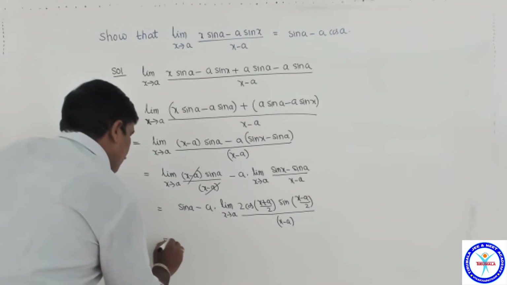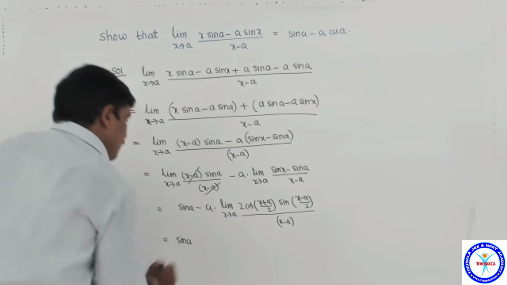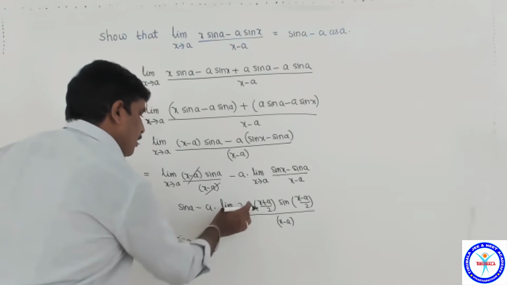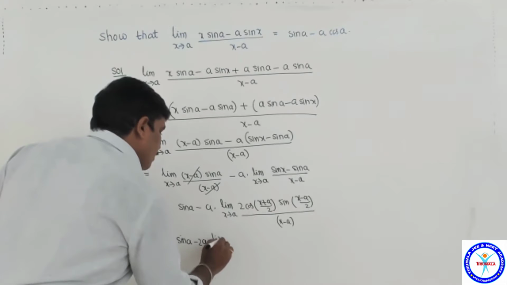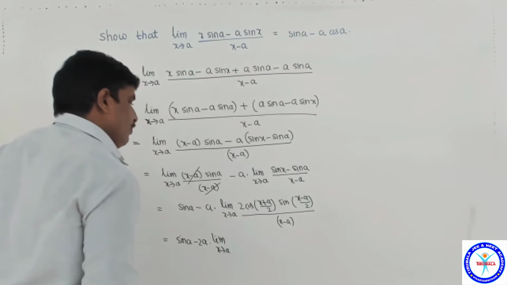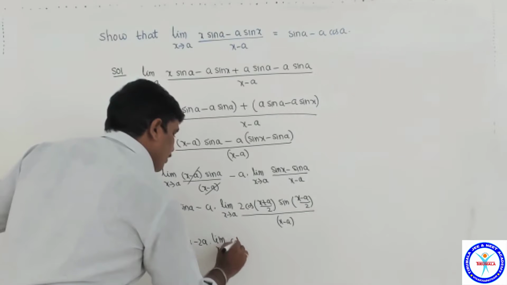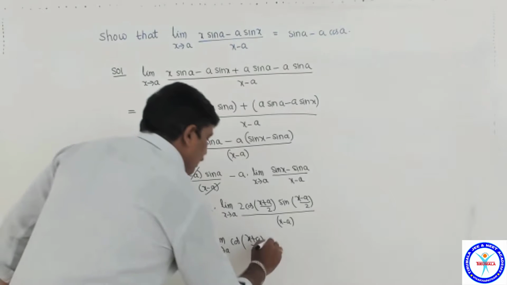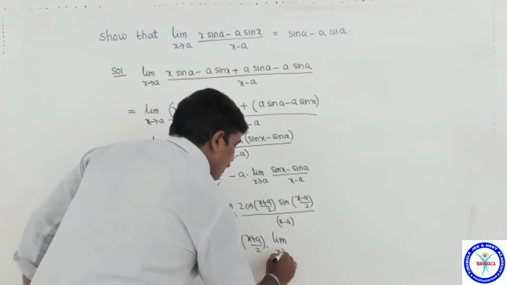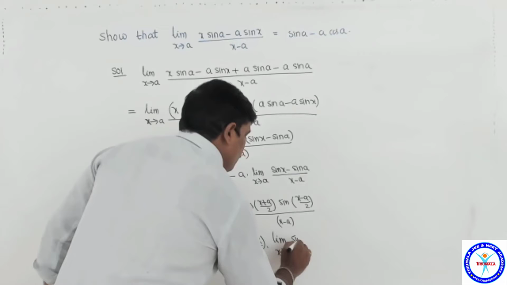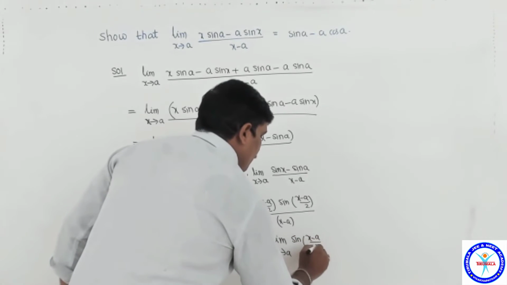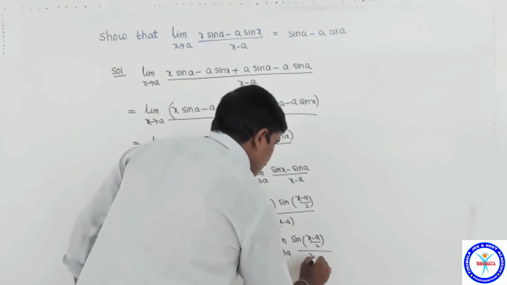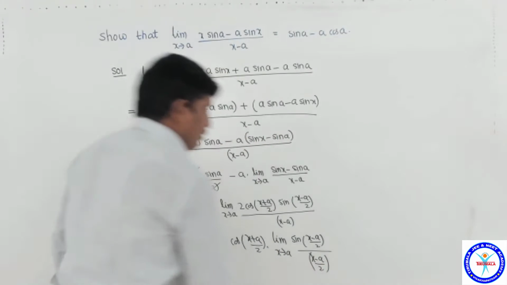So this is equal to sin a minus a into, write the 2 before the value of the constant, limit x tends to a, cos of (x plus a)/2, separate the limit, cos of (x plus a)/2 into limit x tends to a, sin of (x minus a)/2, sin of (x minus a)/2 by, now write this value as (x minus a)/2, okay.